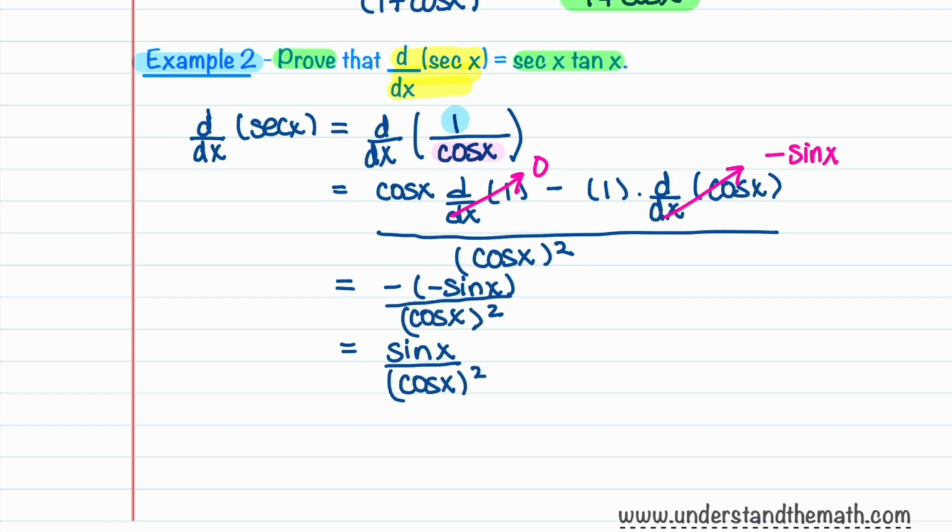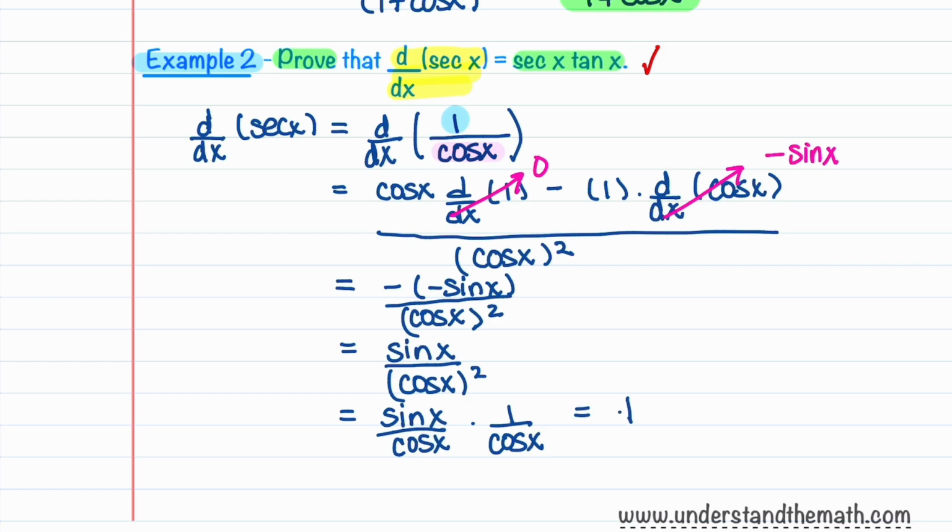Let's go back up here to the top. I'm going to put a red check here. We are looking for our answer to be secant x tangent x. So let's divide up sine x divided by cosine x squared into two pieces. We can divide this up like this: sine x divided by cosine x times 1 over cosine x.